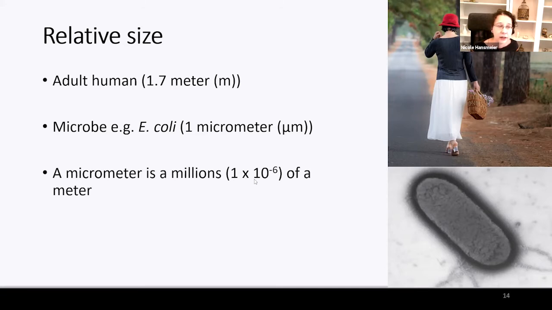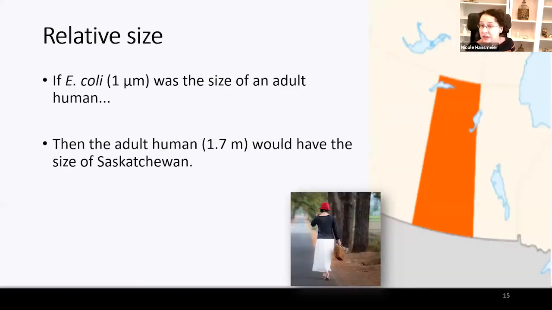So this is still a little bit vague, not really something that we can grasp. So let's put it in another way around. If the E. coli would be the size of us, so 1.7 meters, then this adult would be basically the size of Saskatchewan. So I think it is now easy to understand how big the difference is.